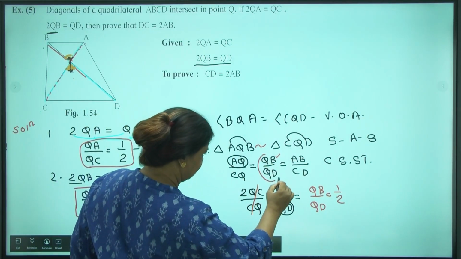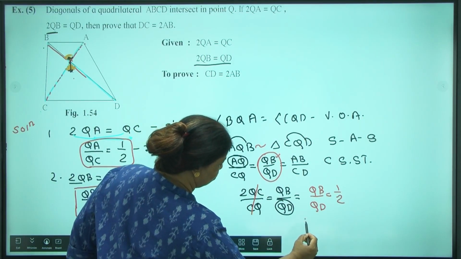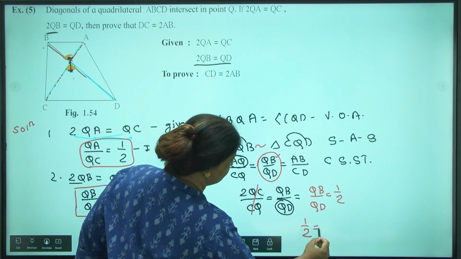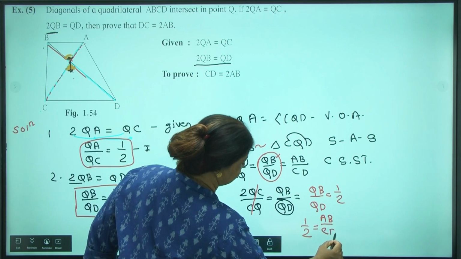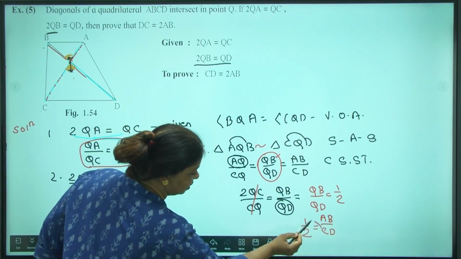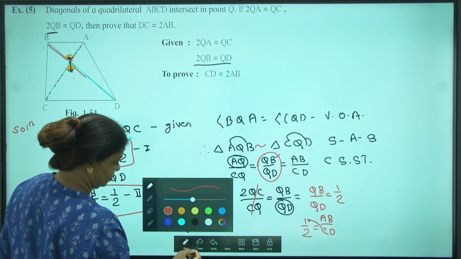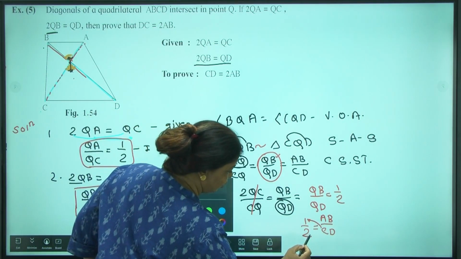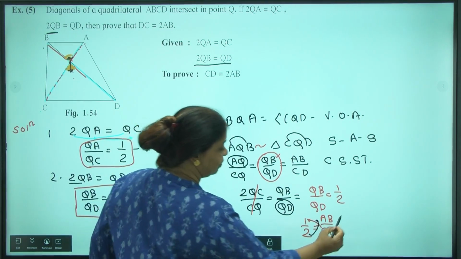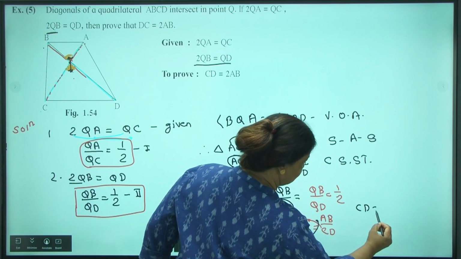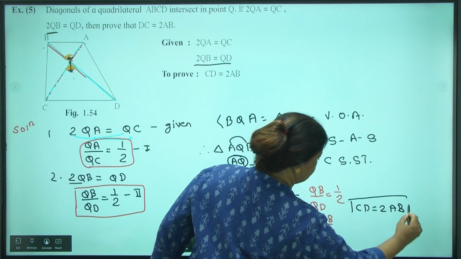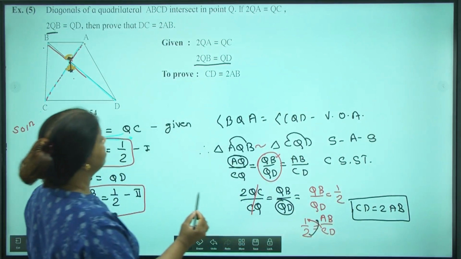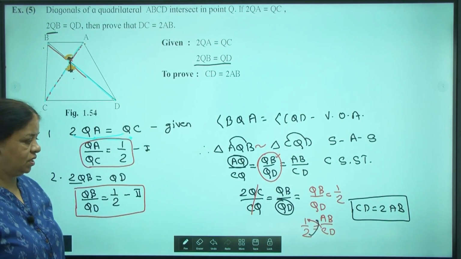We can place it here. So 1 upon 2 is equal to AB upon CD. CD will come here and 2 will go with AB. So we will be getting CD is equal to 2 times AB. And this is what we wanted to prove.